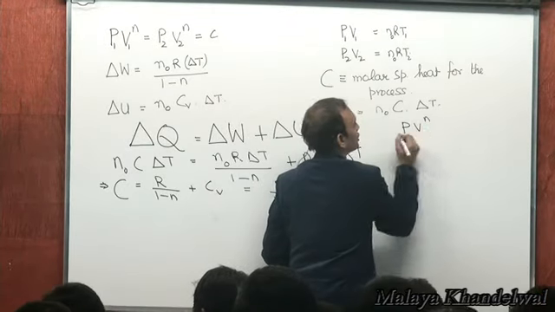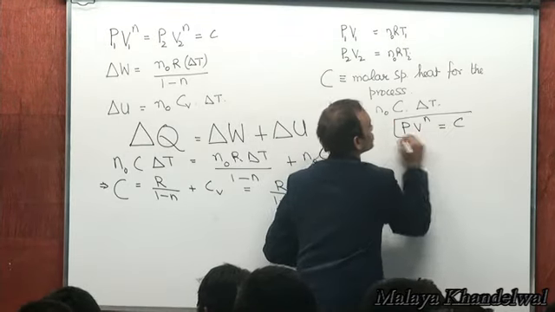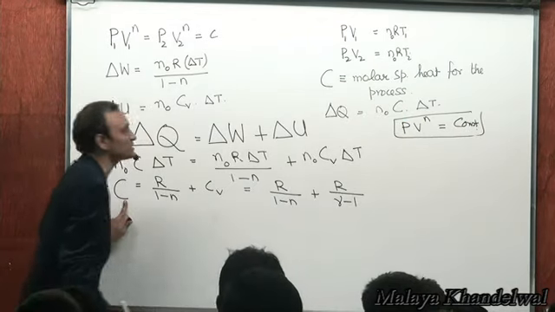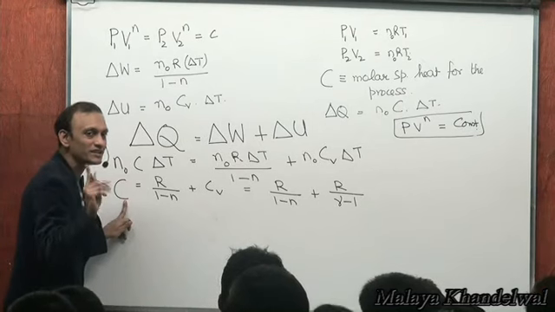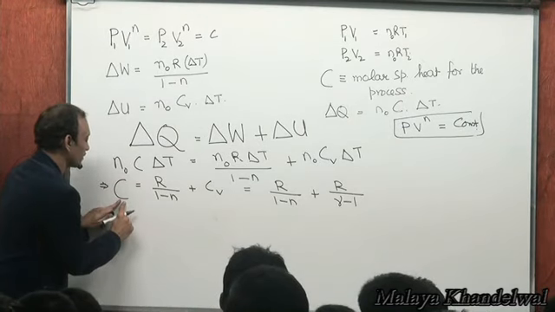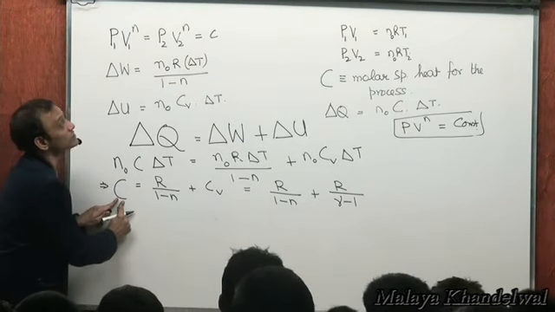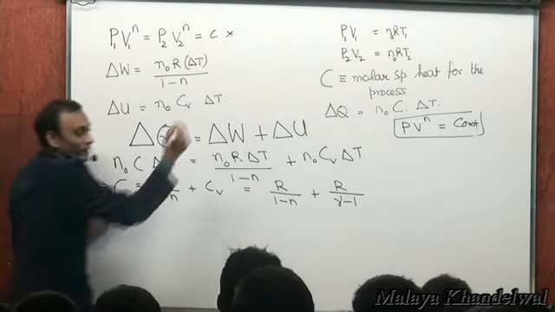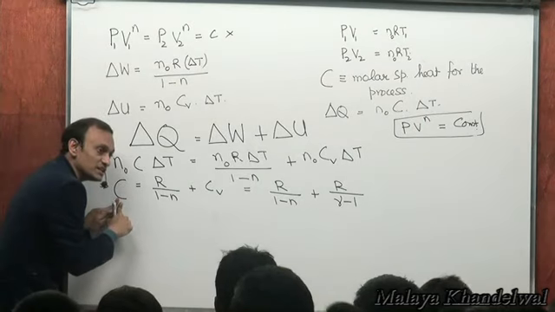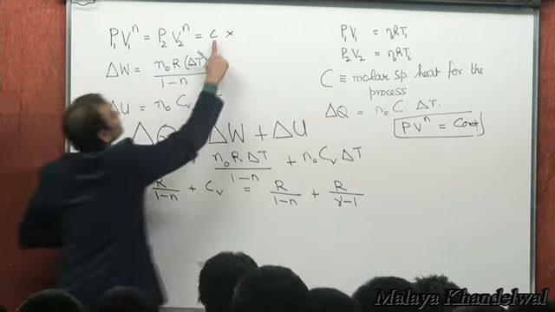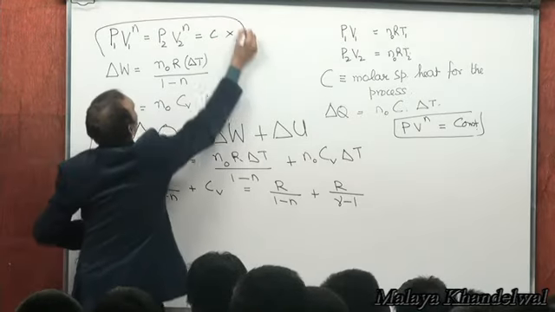Therefore, for a polytropic process PV to the power n equal to constant, this C, by the way, don't mix up this C with that constant. You know, so many variables coming with different views. This C is not that constant C. This C is the molar specific heat for the process. This is only the constant for the process.